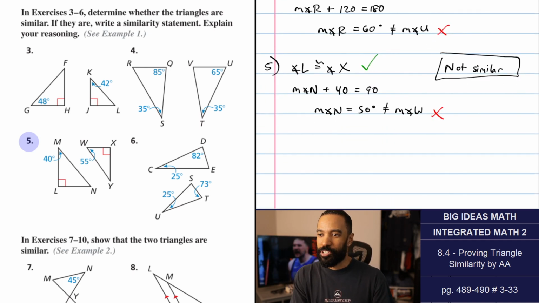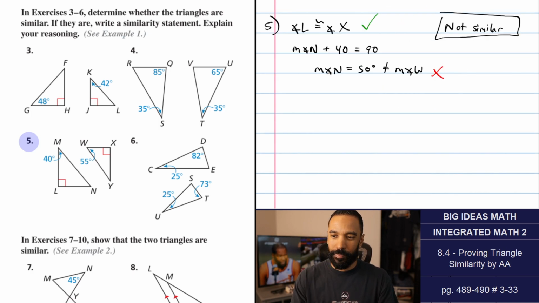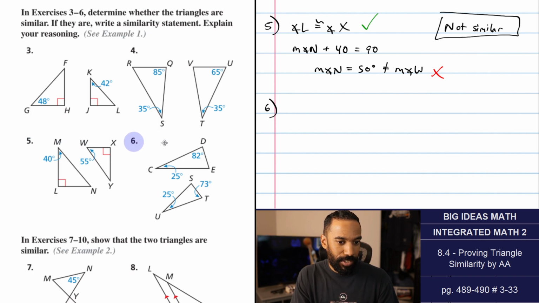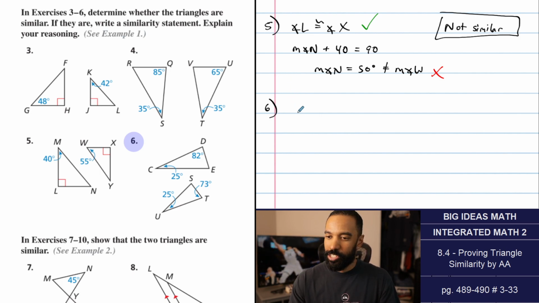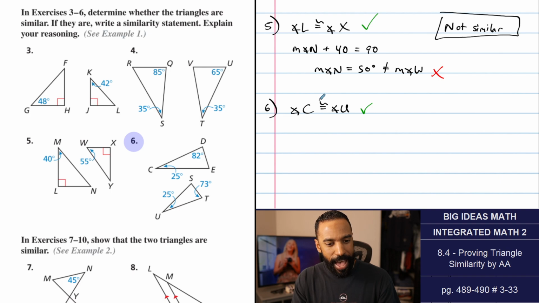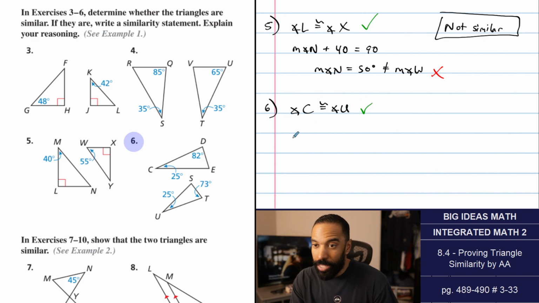Okay. Number 6. I'm going to take a guess that these will be similar. Angle C is congruent to angle U. Check. Let's look at angle D and angle T, no. But how about angle E with angle T?